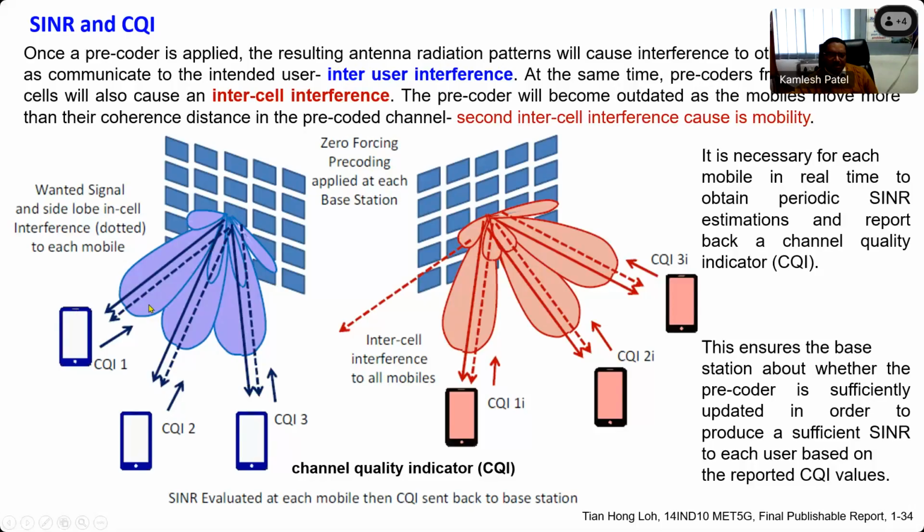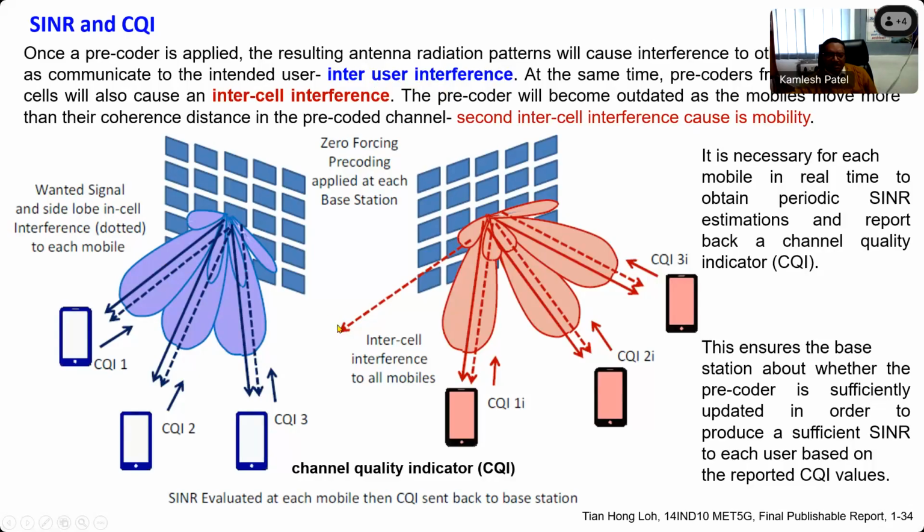So there are two possibilities. One dotted line is coming from the same base station or MIMO system, whereas an additional signal is coming from a different cell or mobile system. So there are two kinds of signals which are undesired to the user, and these two are termed interference. Interference from within a cell is known as inter-user interference.